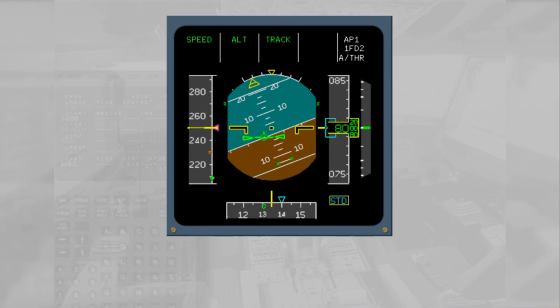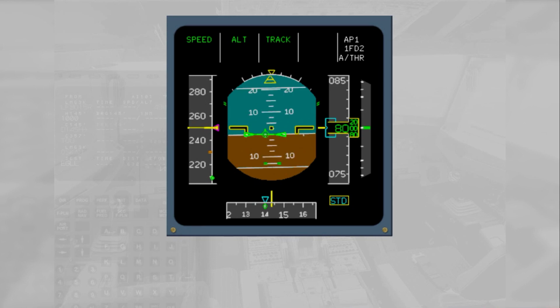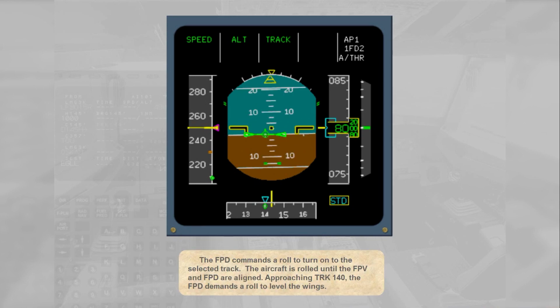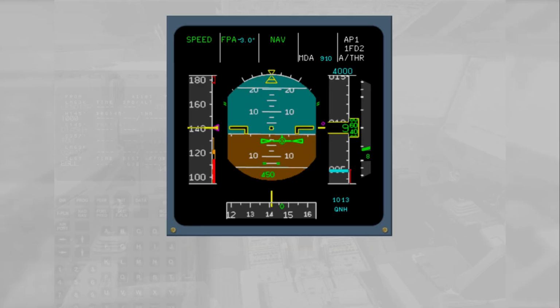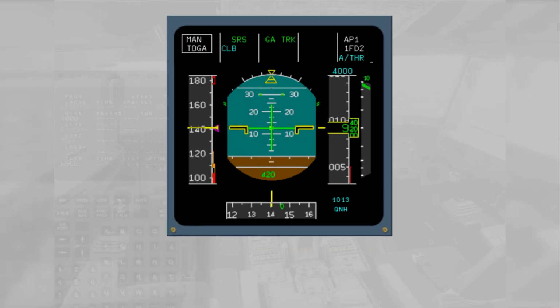Approaching track 140, the FPD demands a roll to level the wings. When in track flight path angle, the FPD reverts to flight director bars in case of go-around. You will practice the use of the flight path vector and the FPD in the simulator.